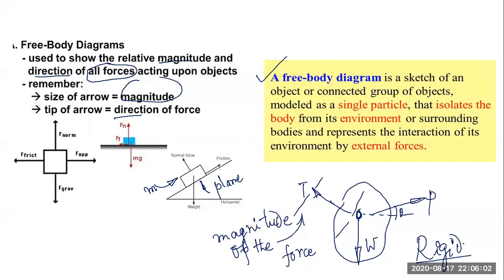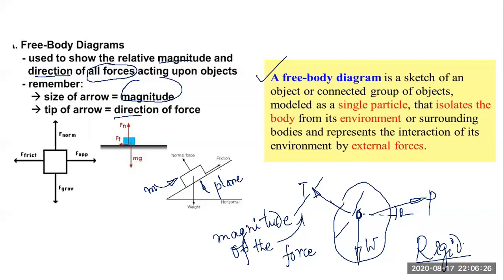Similarly, we can draw the free body diagram for each and every component of a group of objects, or of the different components of a complex diagram or large physical body.